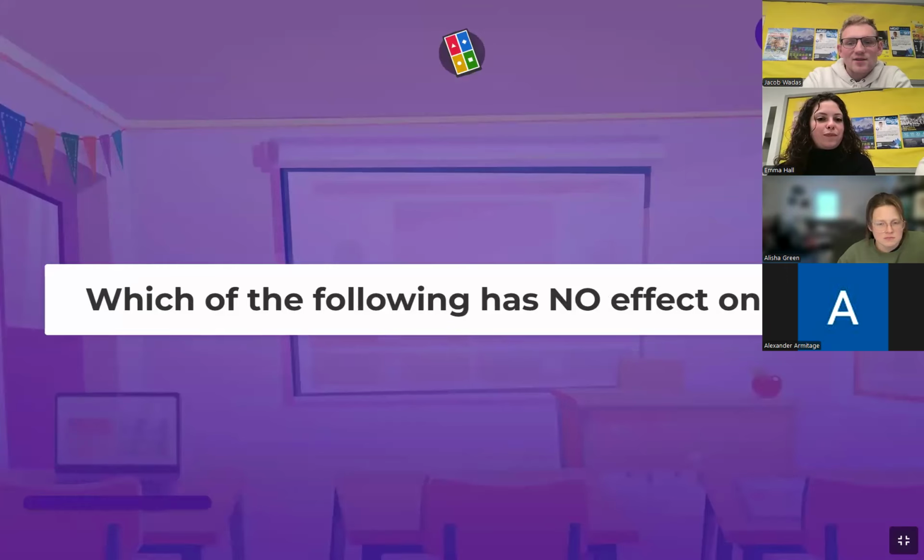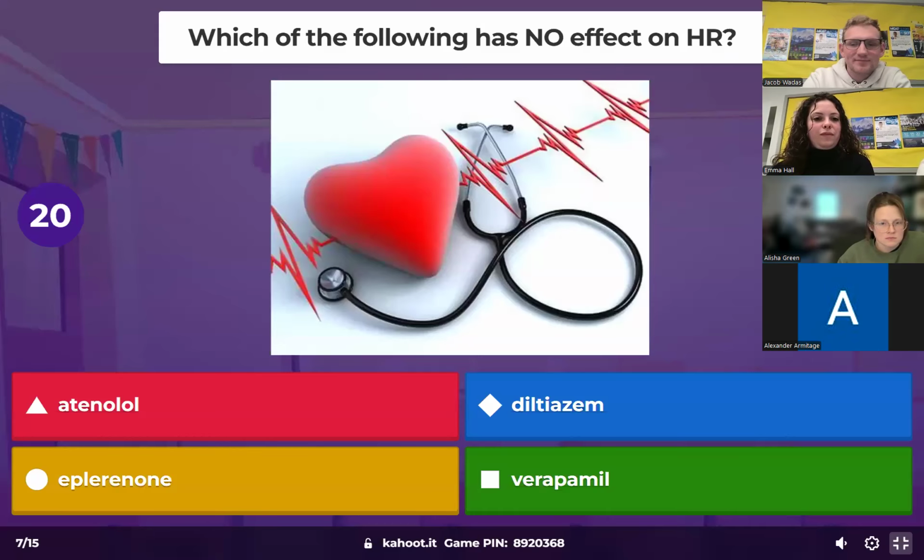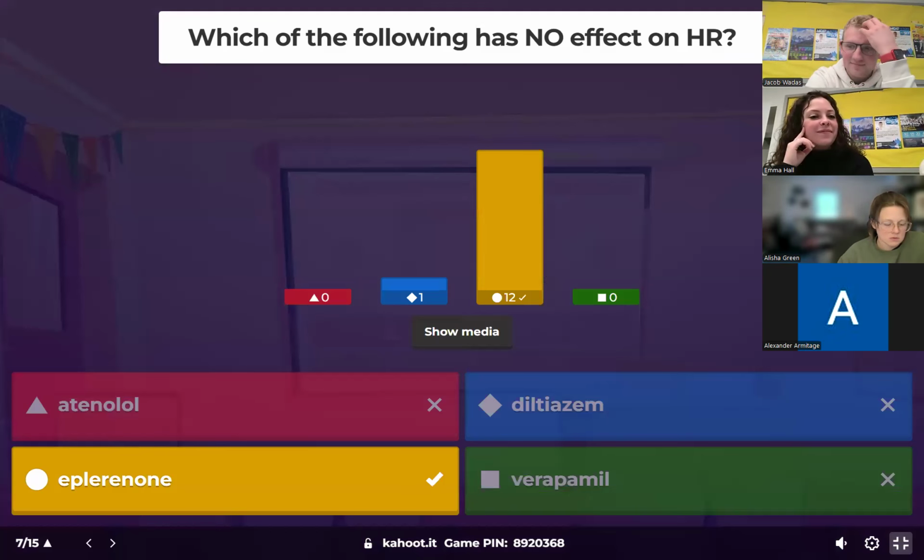All right. Which of the following has no effect on heart rate? Very good. So the other ones are calcium channel blockers. That one is different, but yeah. And atenolol is a beta blocker, but that's the only one that doesn't have anything to do with the heart.